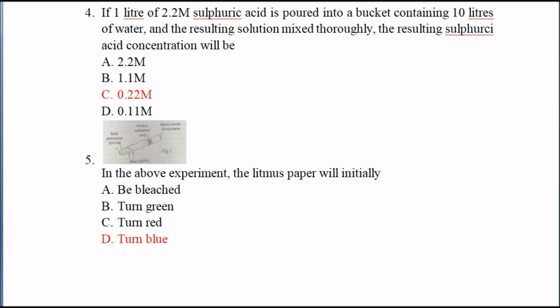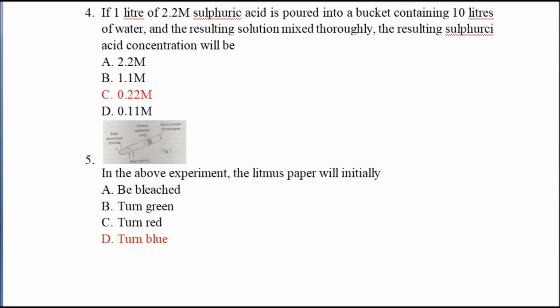Now, whenever you're talking about litmus paper in chemistry, we already know that we are talking about whether the situation is going to make it turn red, in that case it is acidic, or turn blue in the case that it is basic.